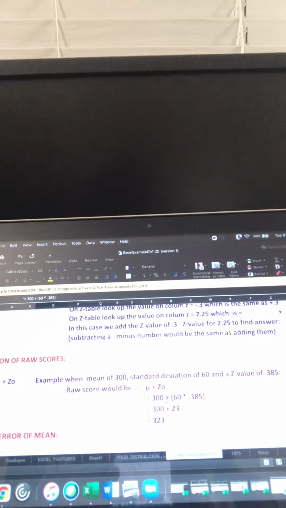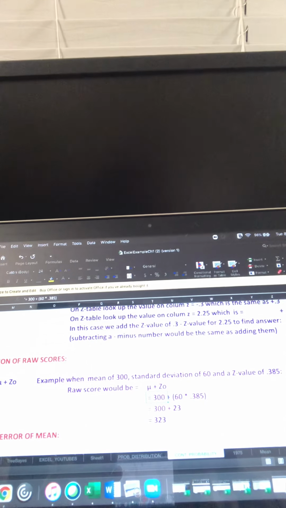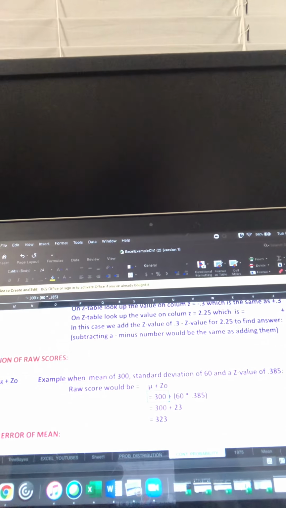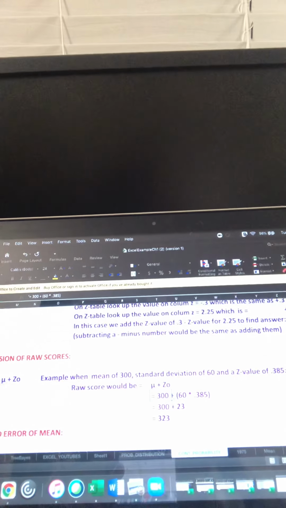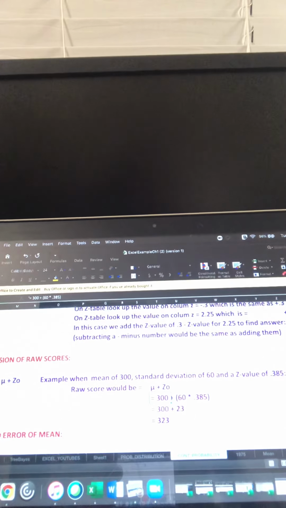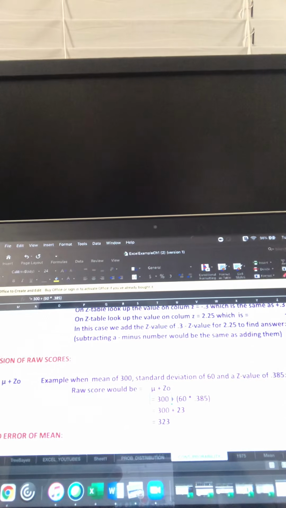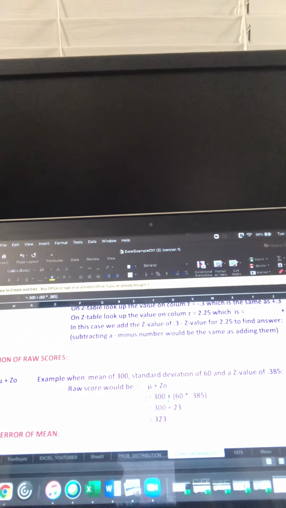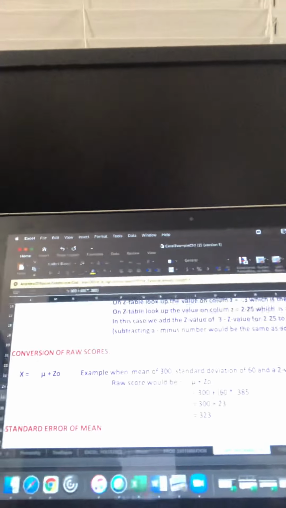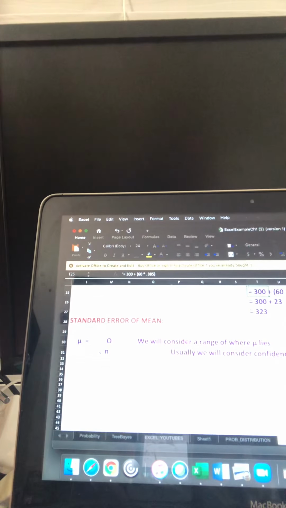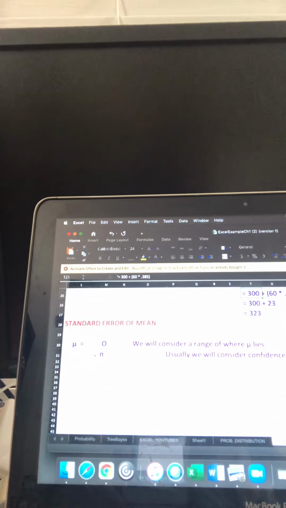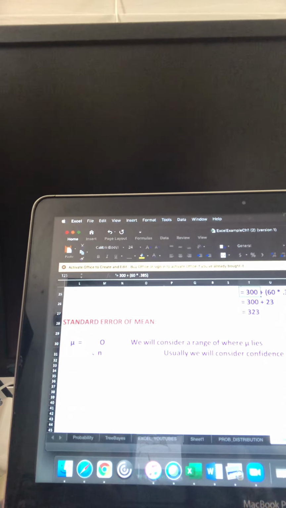The central limit theorem ends up being one of the most important concepts in statistics, so it is something that you want to become acquainted with. We're introduced to it briefly in this chapter, but we'll get into more detail in later chapters. What we do want to look at before we finish this chapter review is the standard error of the mean.